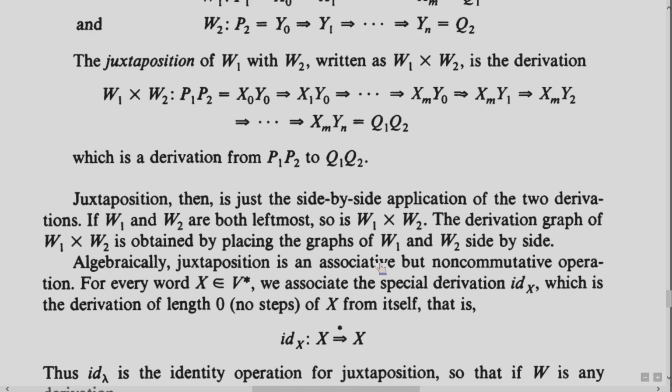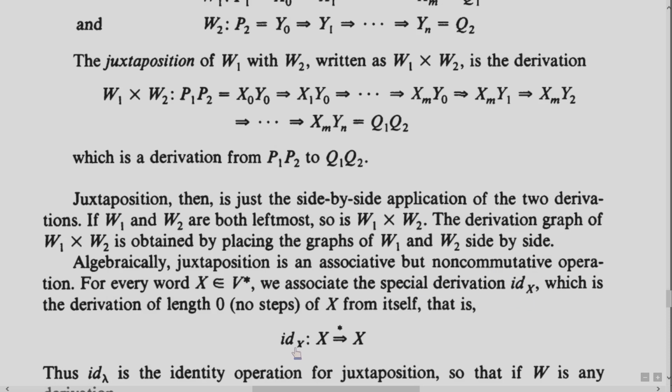Juxtaposition is associative but not commutative. So this follows the associative property, but the commutative property is not valid. It means juxtaposition of P1 P2 is not equal to juxtaposition of P2 P1. Similarly, we have an identity element.